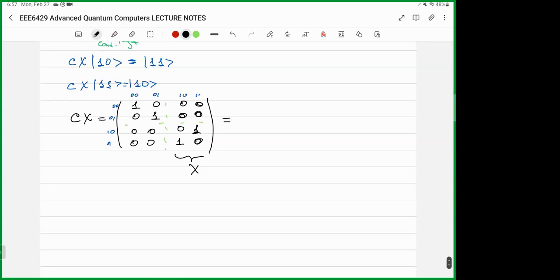Again, I can represent this CNOT matrix in the form of outer products of the vectors.